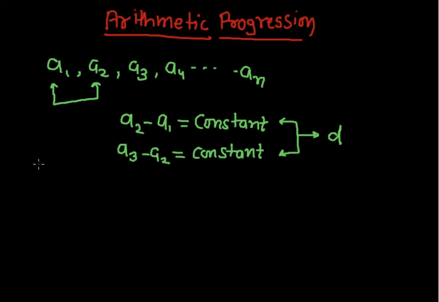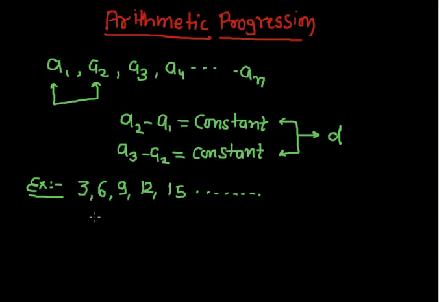There are some examples of AP. Let's say the first one: 3, 6, 9, 12, 15 and so on. Now see, in the case of AP, here the first number is 3.